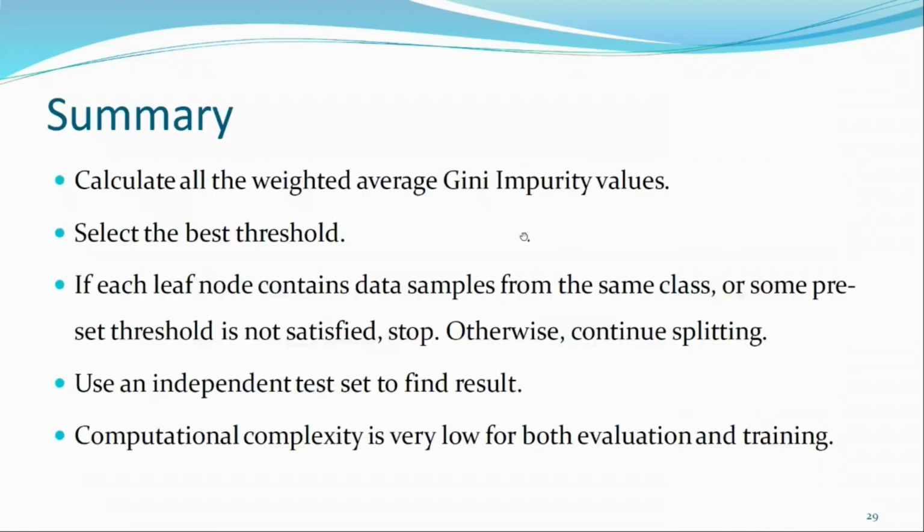So let's summarize what we have done. We have calculated all the weighted Gini impurity values. We have selected the best threshold. Then we know that if each leaf node contains data samples from the same class, or some preset threshold has been satisfied, then we will stop.